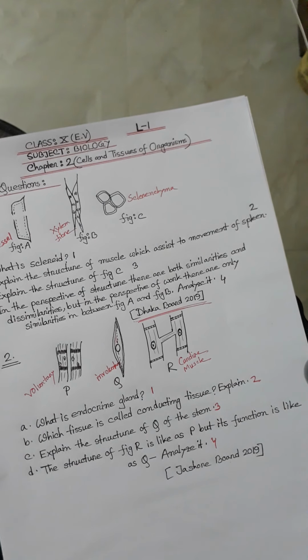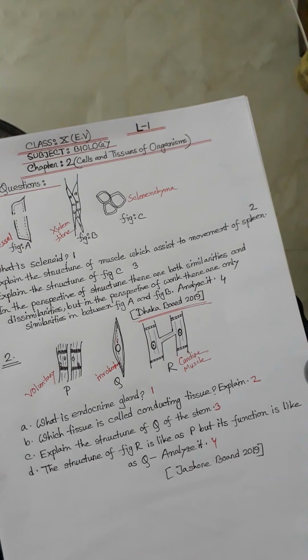Different types of muscular tissue are shown in the figure, in which P is voluntary muscle, Q is involuntary muscle, and R is cardiac muscular tissue. The special type of involuntary muscle that forms the heart of vertebrate animals is called cardiac muscle.